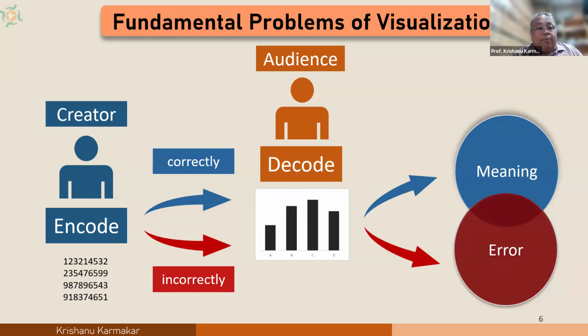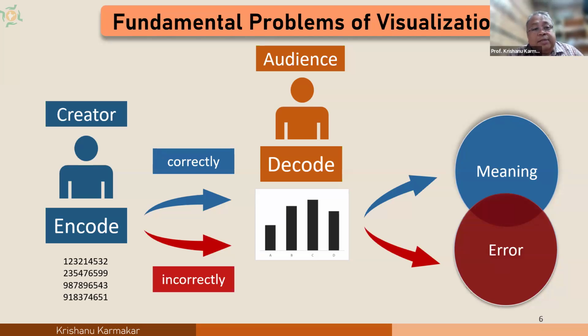So the first problem is that there is no other mode of communication between the creator and the audience. When the audience looks at the output of the creator's work, the creator is no longer there to explain what she or he has done. Therefore, the audience must read the chart without any further interaction with the creator.